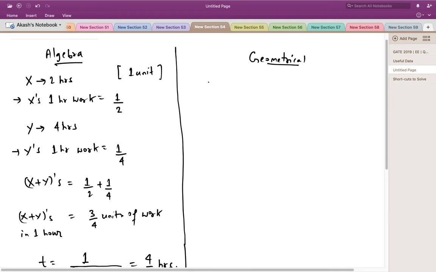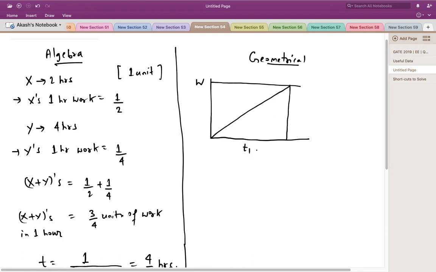So imagine that the person X works uniformly to complete the work W, and it takes him T1 time to finish the job. Similarly, the person Y works uniformly to complete the work in T2 time. Now, if they both are working together, then the time taken would be less than T1 and less than T2.